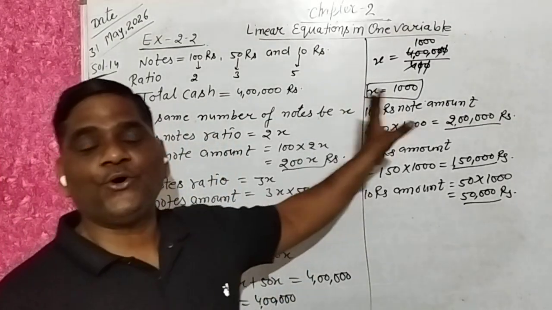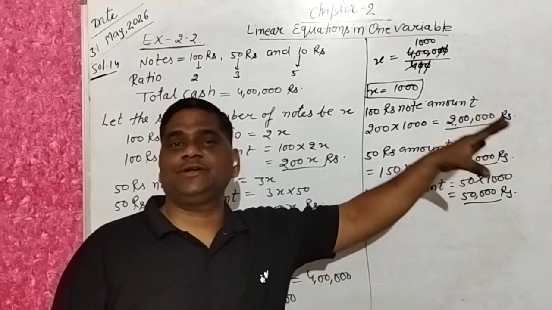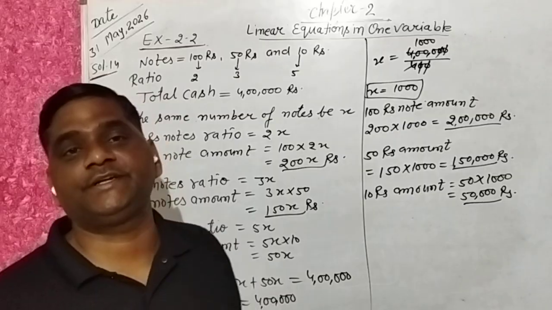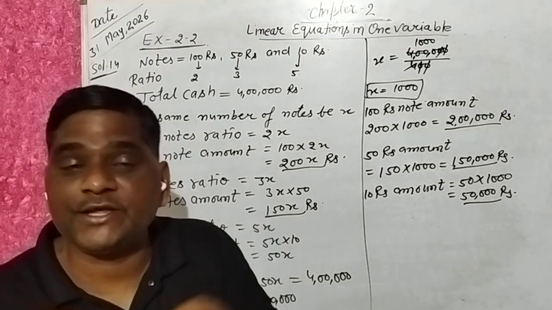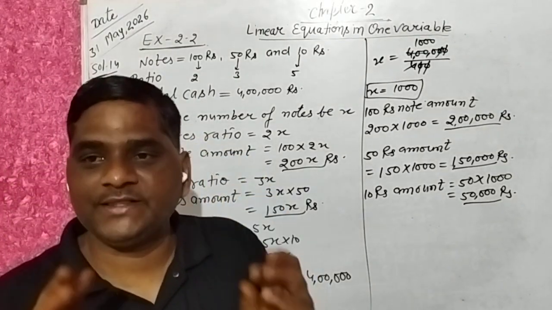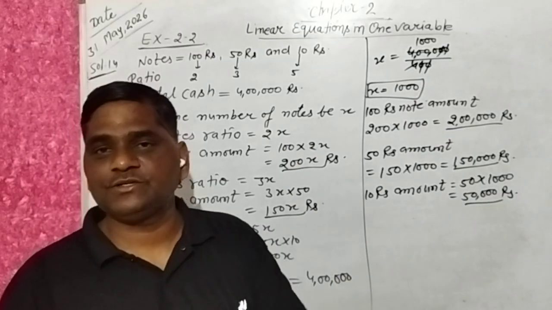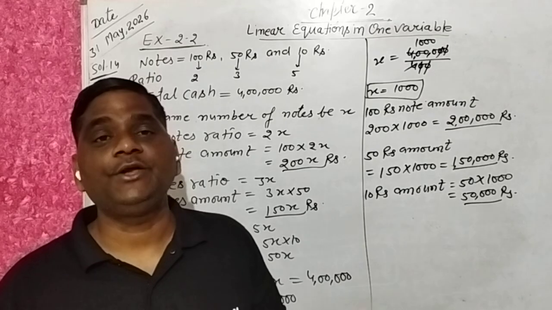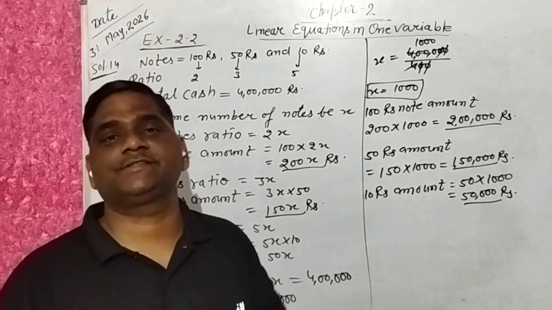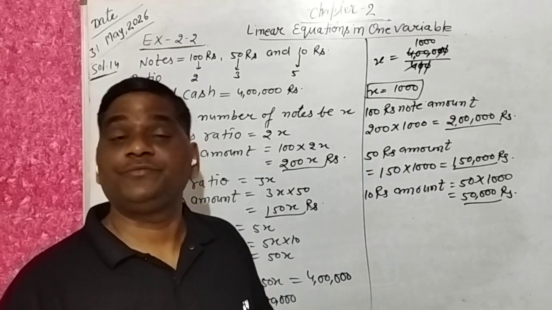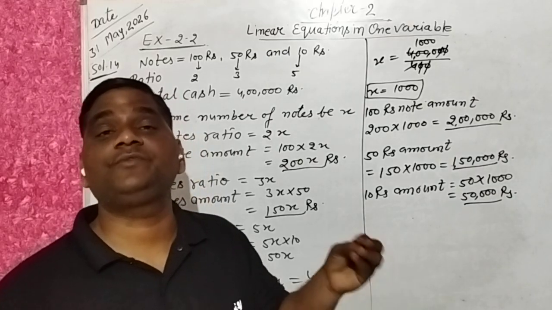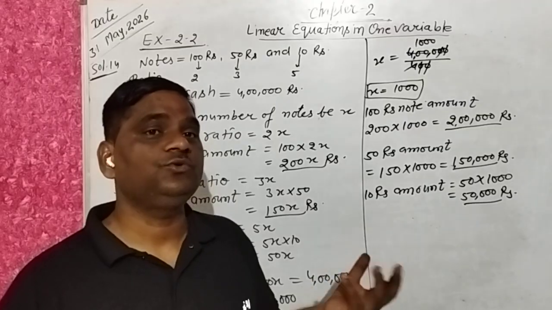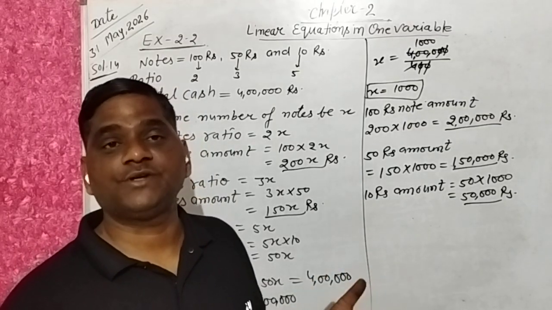Understand? Yes. 400x is equal to 4 lakhs. X is equal to 4 lakhs upon 400, 1000 times. So the 100 rupees amount 200x, 200 into 1000 is equal to 2 lakhs. 50 rupees notes amount 150x, so 150 multiplied by 1000 is equal to 1,50,000.